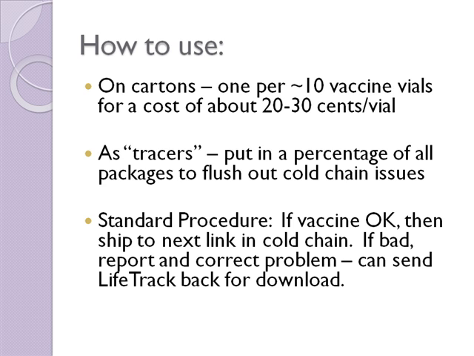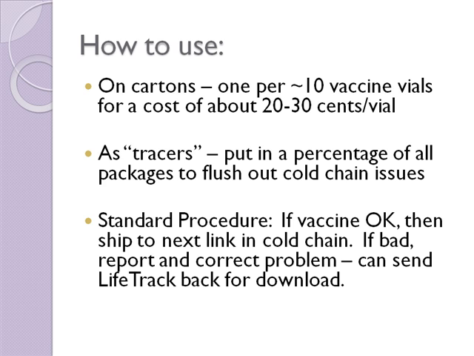And again, in terms of the standard procedures here, I think any worker in the cold chain might be instructed just to glance at the LifeTrack display. If it's showing that things are good, then that's great. Just ship the vaccine along to the next link. Don't do anything else. If the LifeTrack is showing, however, that something bad has happened, then report it.